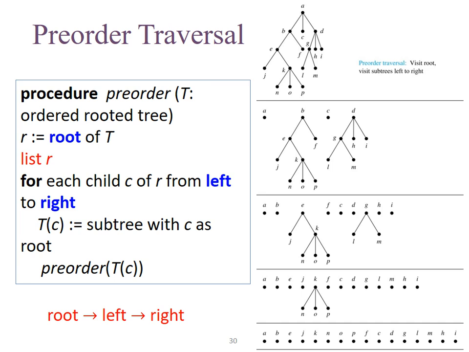So for the left tree, it's rooted by E, so we output E next. And then J, because J is the first subtree. And then we consider this subtree rooted by K. So by pre-order, we output the root first, K, and then N, O, P.